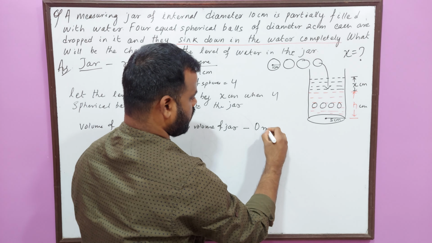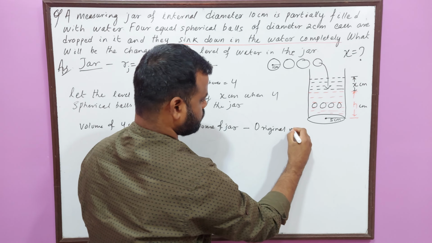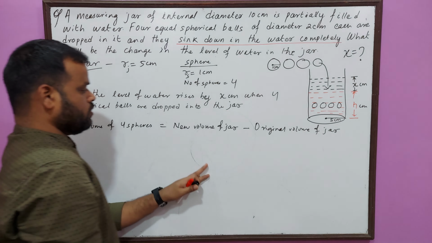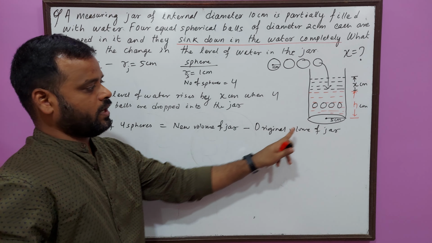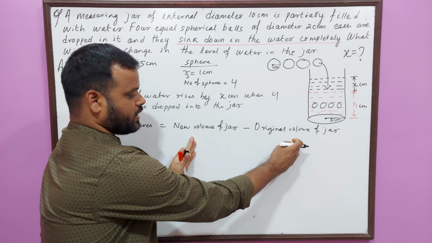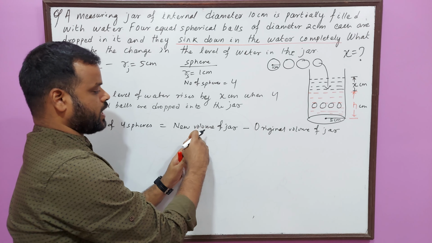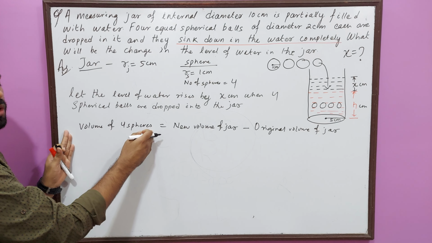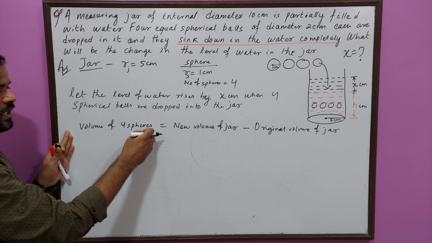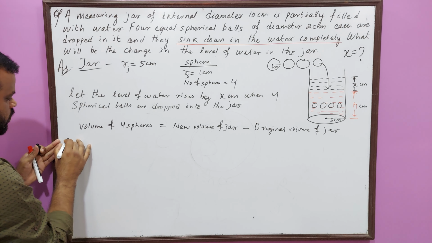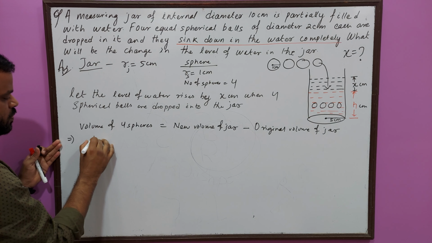When we subtract the original volume of the jar from the new volume of the jar, what we get is the volume of four spheres, because these are the four spheres which are creating the difference in the volume.